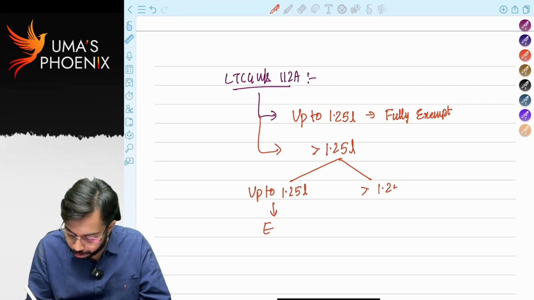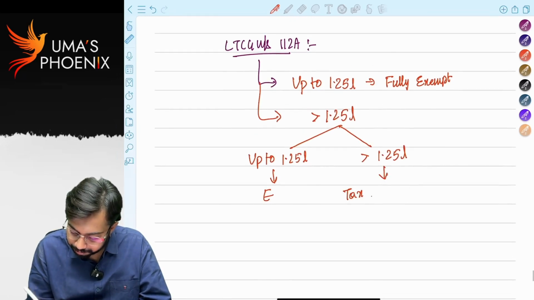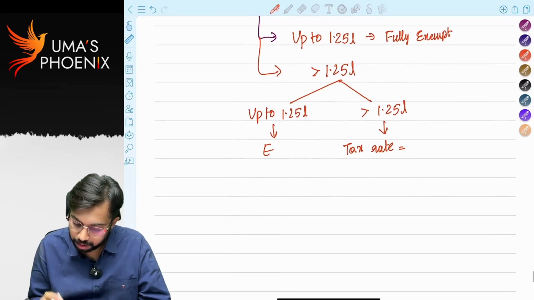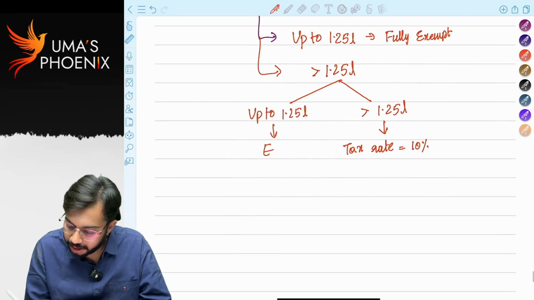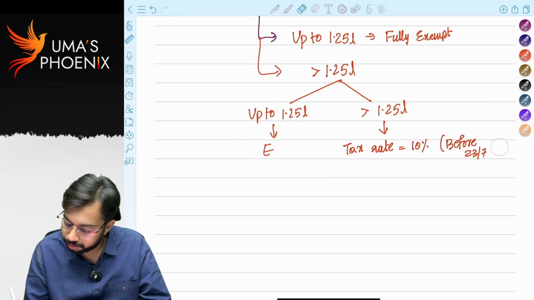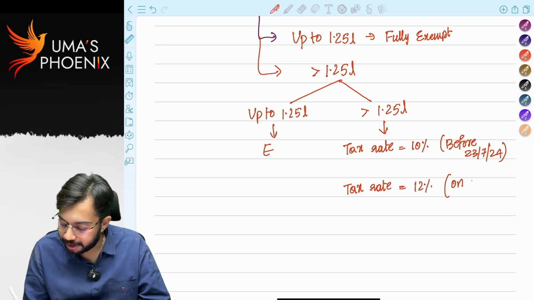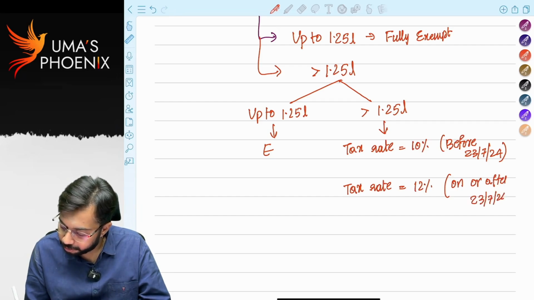Greater than 1.25 lakh, the tax rate is 10% if transfer takes place before 23rd July 2024. The tax rate is 12.5% if the date of transfer is on or after 23rd July 2024.